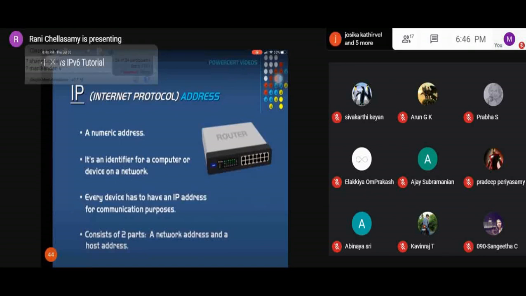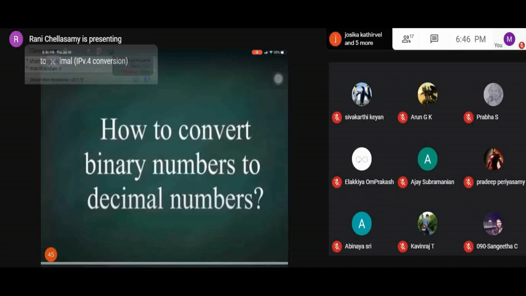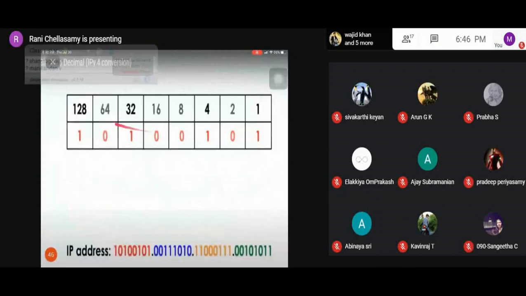How do we convert the binary representation of an IP address into the decimal representation? We'll see how to convert. This is the chart or table used to convert binary to decimal as well as decimal to binary.